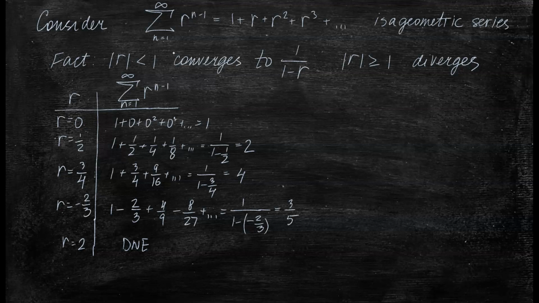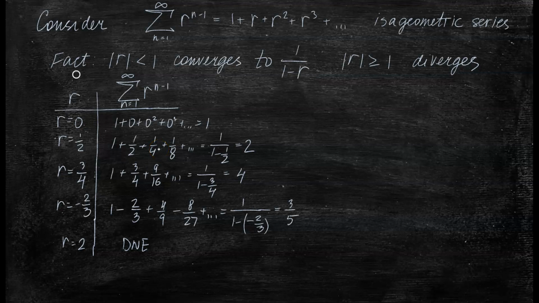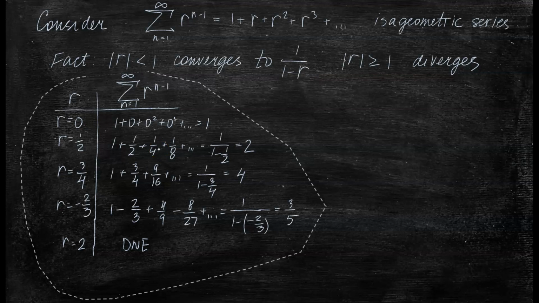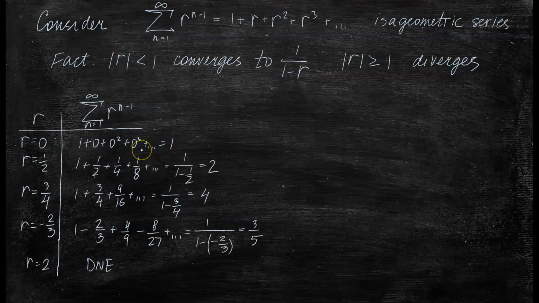So what do we want to notice here? We want to notice that this series, when written with some generic r, for different values of r, gives you different outputs. So it is fair to say that this series behaves like what?